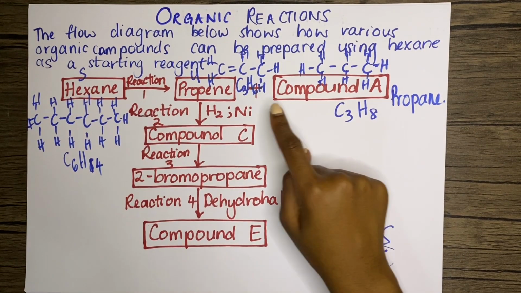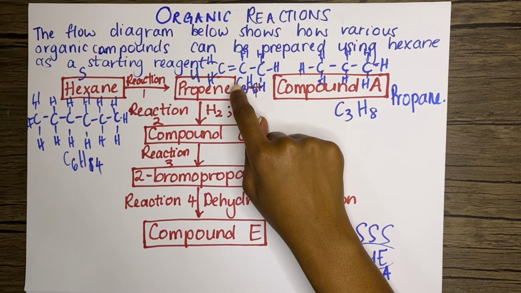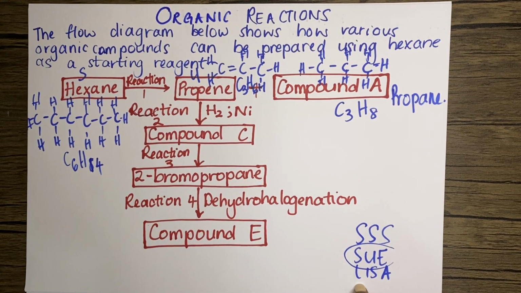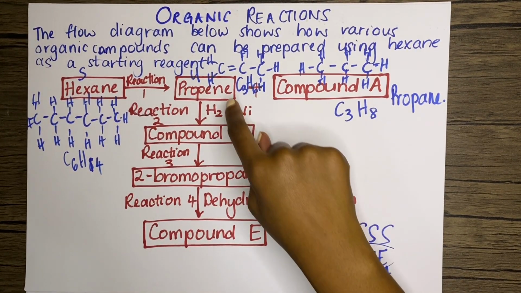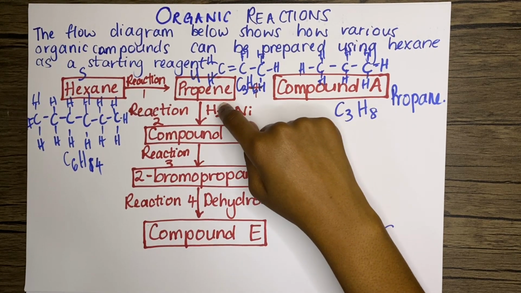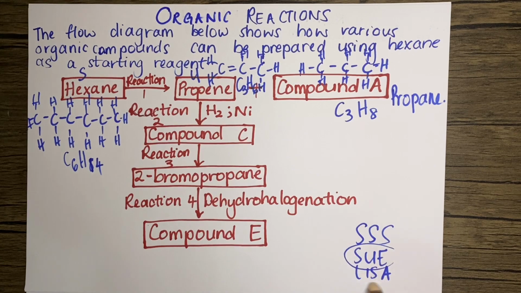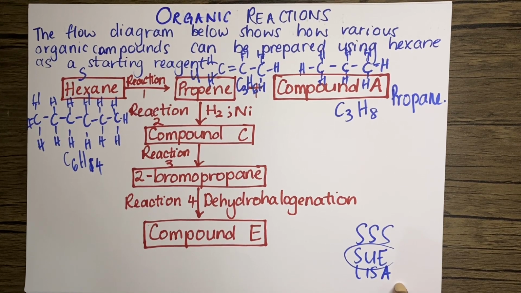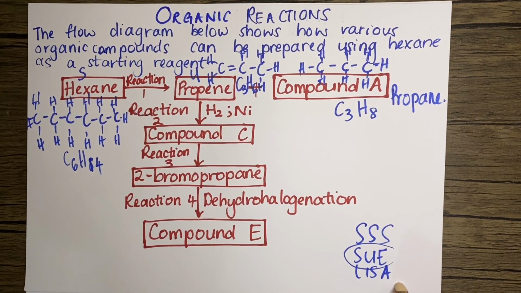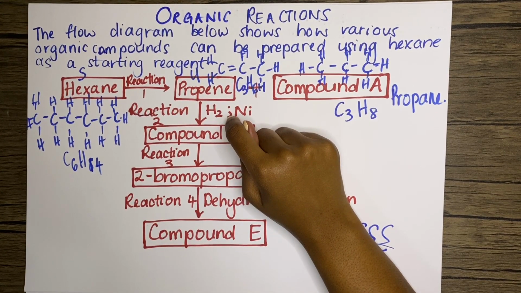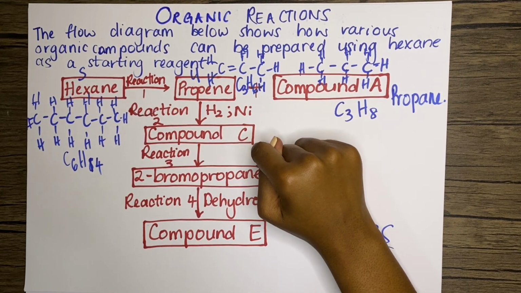When you have an unsaturated organic compound undergoing a reaction with H2, an unsaturated organic compound will only deal with addition, which means when you go from the propene, H2 is added to form compound C.